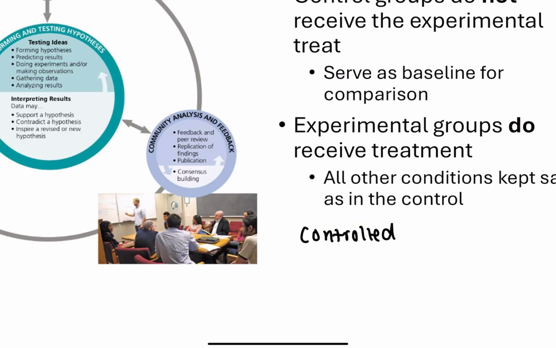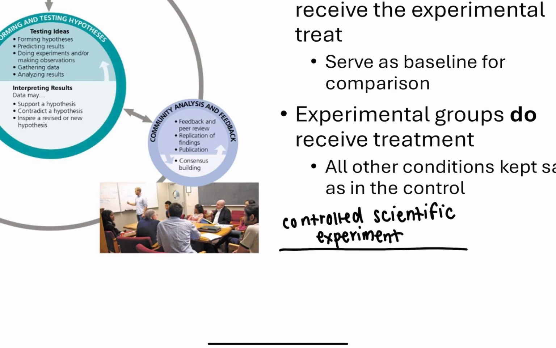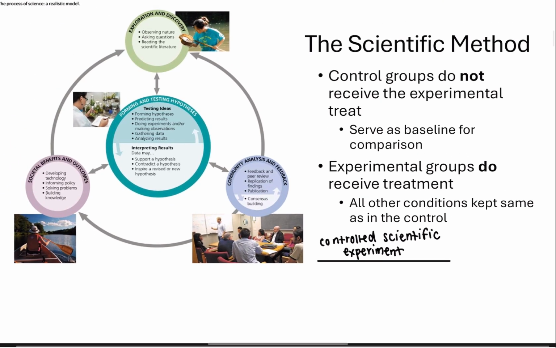A controlled scientific experiment is a method that is used by scientists to test a hypothesis. It does that by comparing 2 or more groups. In a controlled scientific experiment, we have a control group, which does not receive the experimental treatment.